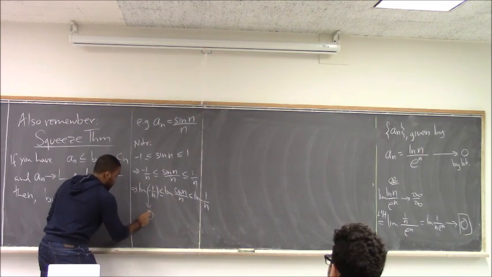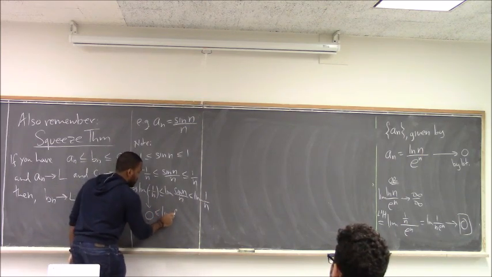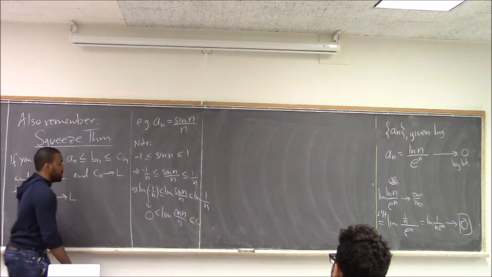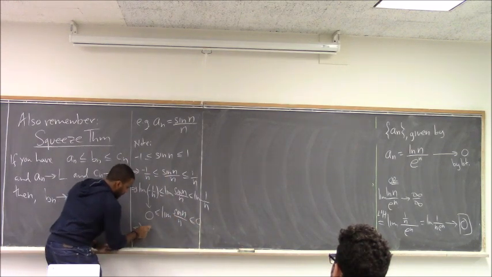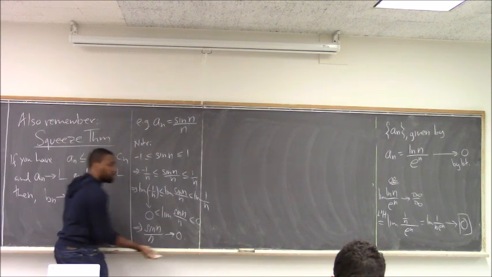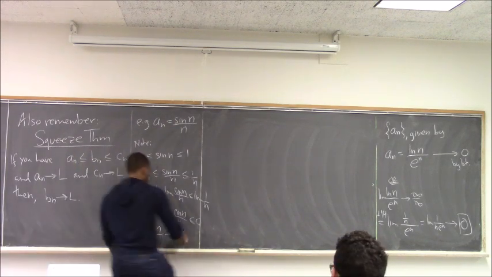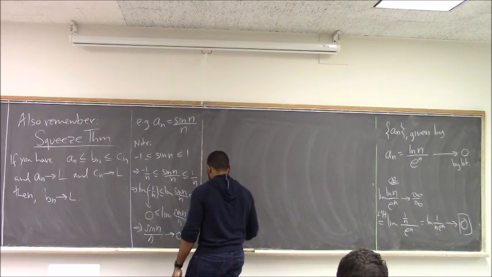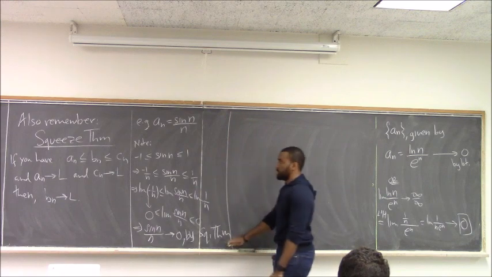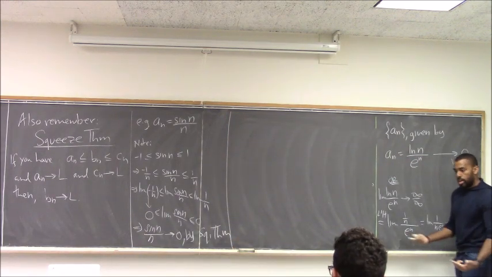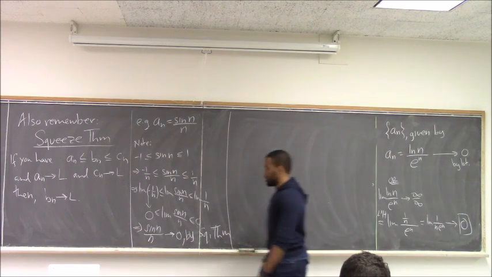This guy would approach 0. And that guy would approach 0. So it actually tells you that sine n over n would approach 0. Right? And you can say vice versa. That's something else you have to remember when it comes to convergence. Anyway, knowing when sequences converge is going to be very important.